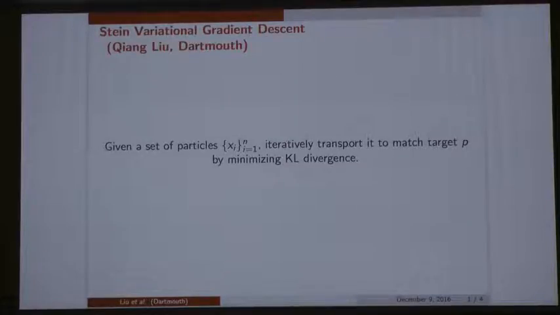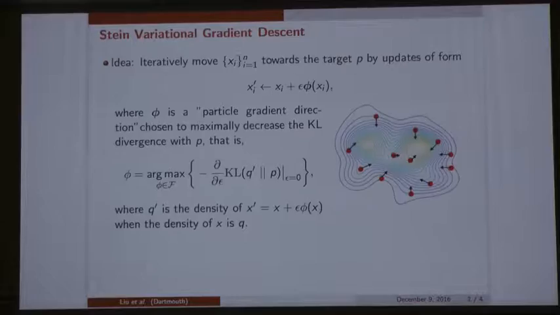I'm going to talk about Stein Variational Gradient Descent, which is a new framework for doing variational inference by applying iterative transforms over particles to approximate the target distribution that minimizes the KL divergence.